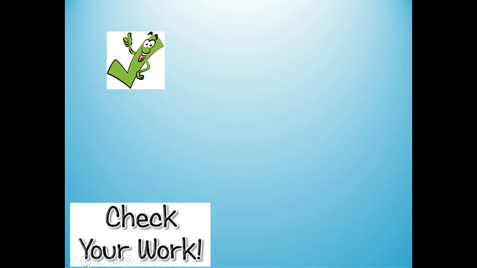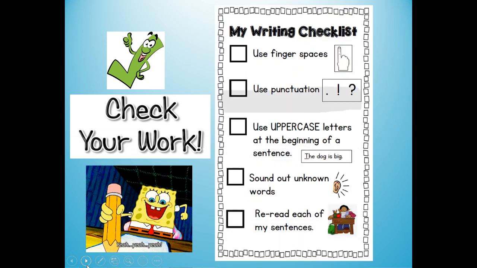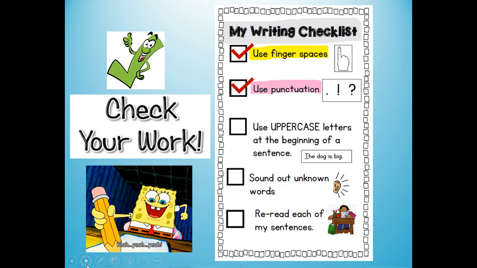All right, it's time to check your work with our writing checklist. Look at your three sentences, your three detailed yellow sentences with our writing checklist. Did you have finger spaces between each of your words? Did you use punctuation? Put a period at the end of each of your sentences.